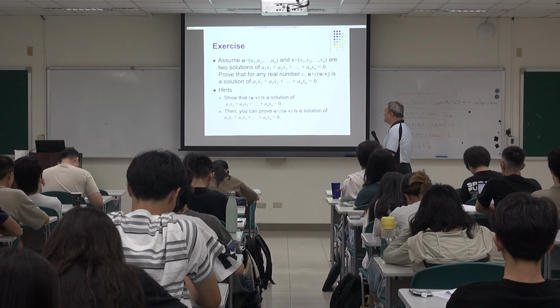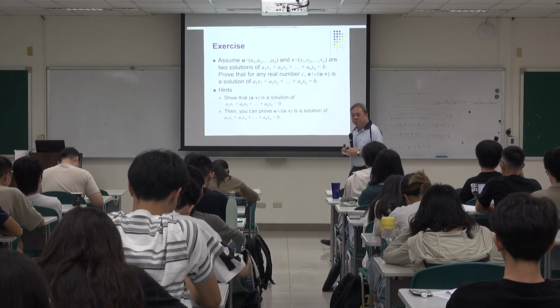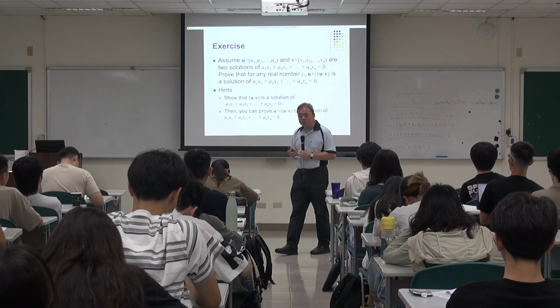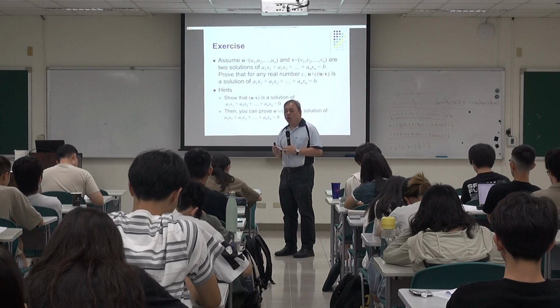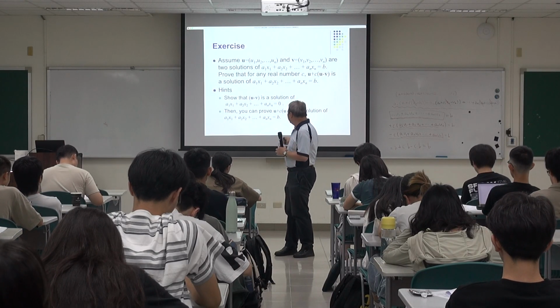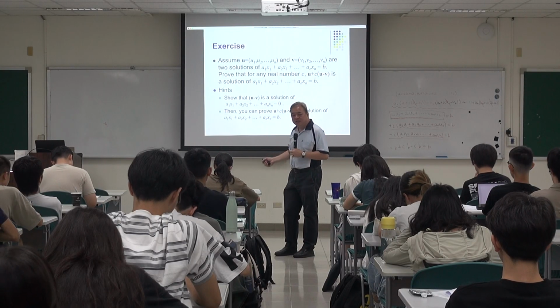So what is important here? The implication of this proof is that this C can be arbitrary, right?